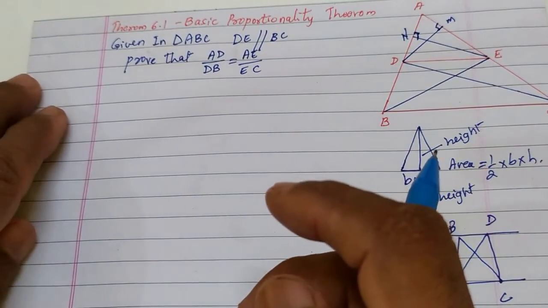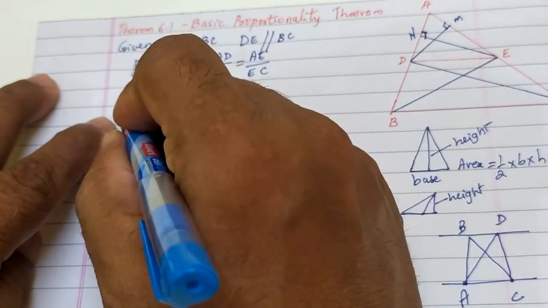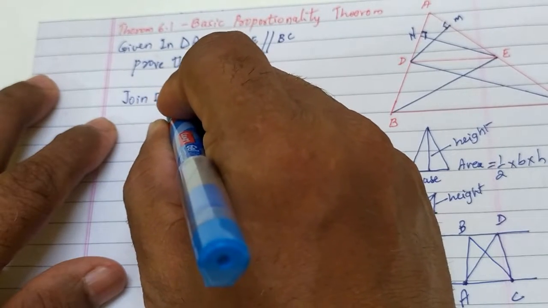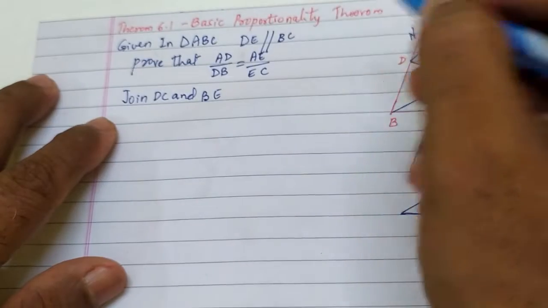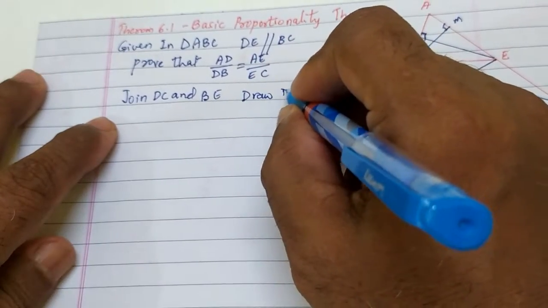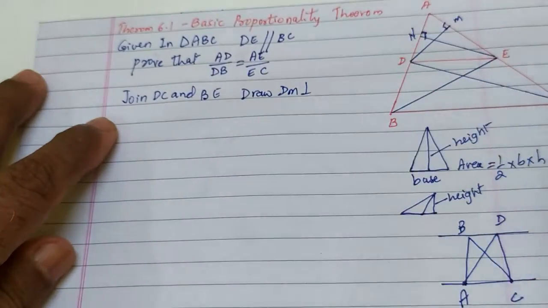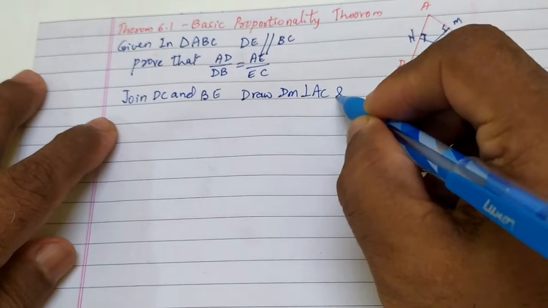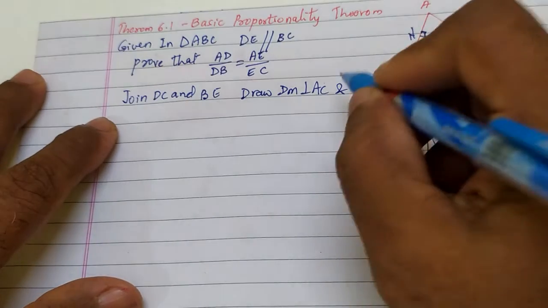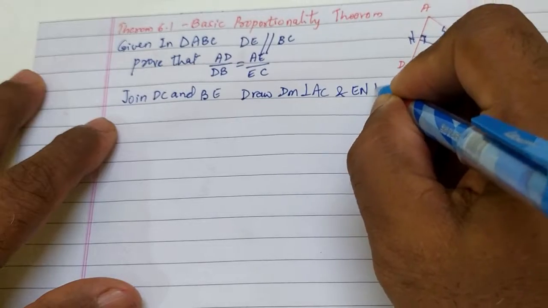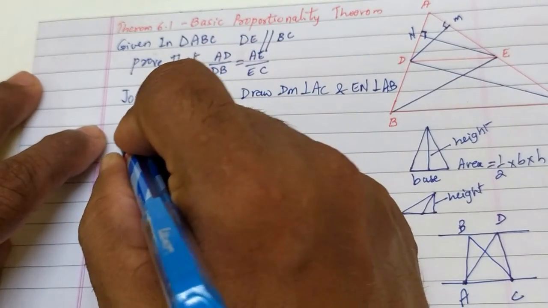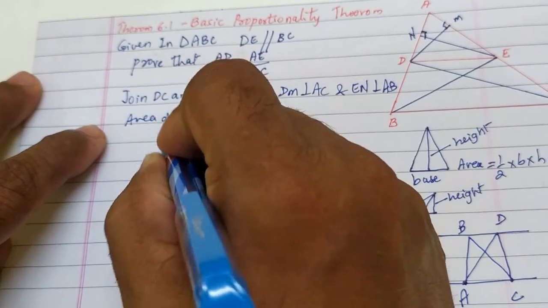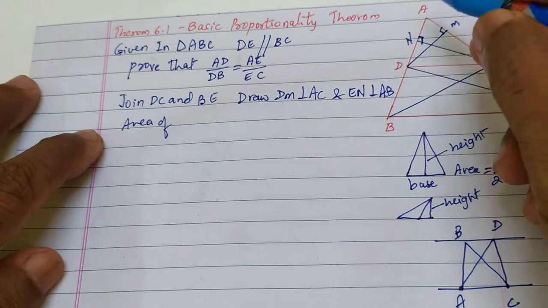So we write: join DC and BE, and draw DM perpendicular to AC and EN perpendicular to AB.